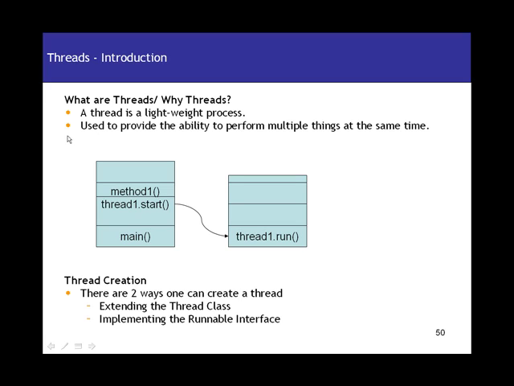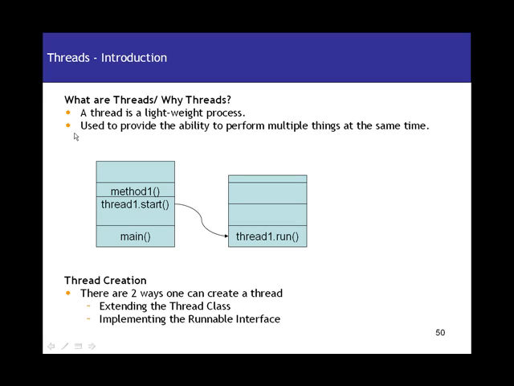So the second point is what we probably need to focus on more, right? And what it really means. Okay. So let's just go back to our previous topics where we discussed stacks and heaps. Right? So we said that a stack is nothing but a memory structure where you store the methods and the method variables, right?